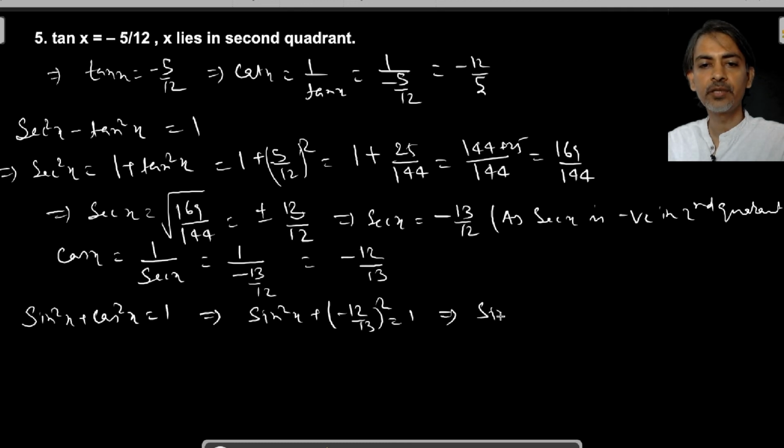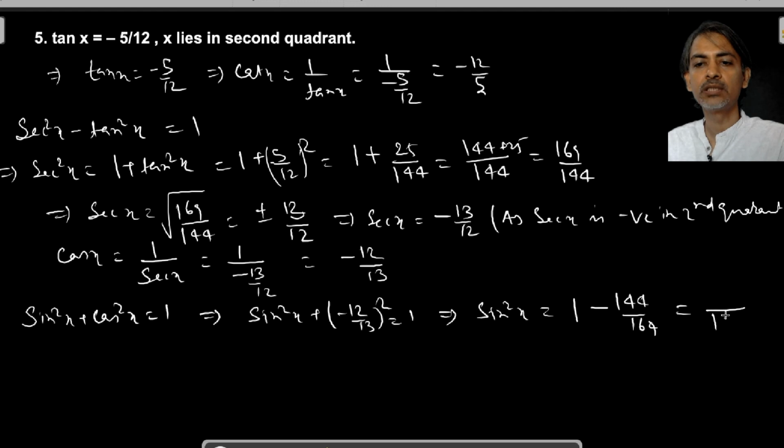Then sin square x is 1 minus 144 upon 169. If I take 169 as LCM, I get 169 minus 144, right? And this will give me nothing but 25 upon 169.